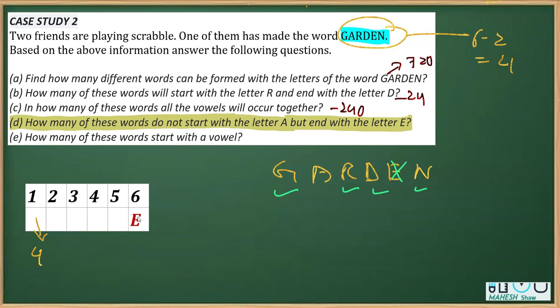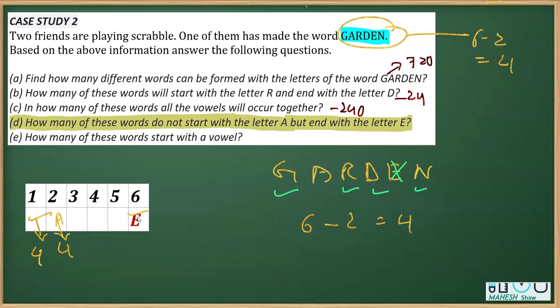After placing any of these letters, except for A, now look into the second position from the left. We have 6 letters, out of which 2 are already occupied. This second place can have the letter A as well. So we are left with 4 ways, including A, and there is no condition that A cannot be placed here.